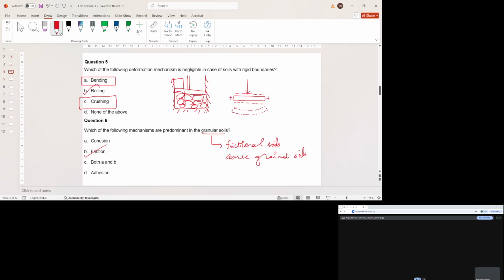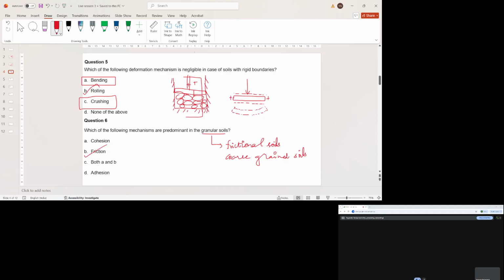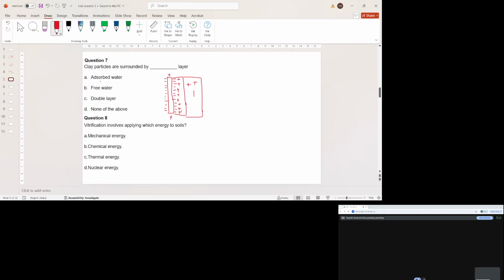So this layer, and there is another layer where the cations are loosely bound. Here there is free water.